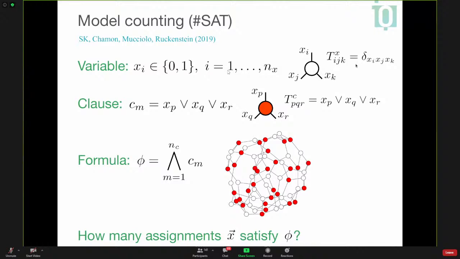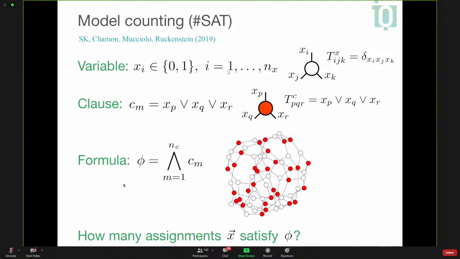So it's just a Kronecker delta. Tijk is this Kronecker tensor. And then I have clauses. And clauses are basically Boolean operations on tuples or set groups of these variables. So here, this clause CM is XP or XQ or XR. And it can also be written as a tensor, where you put in a 1 when XP or XQ or XR is true. Otherwise, you put a 0.